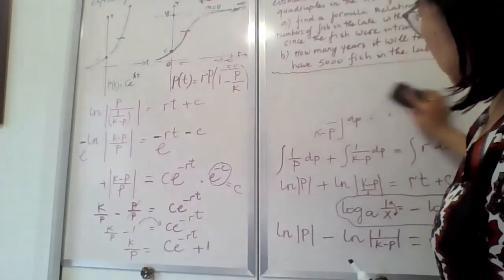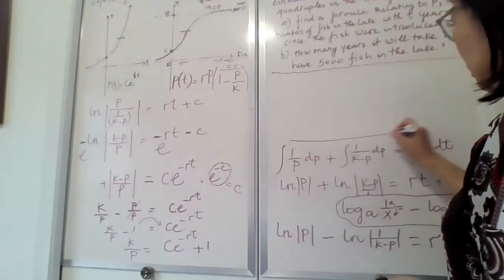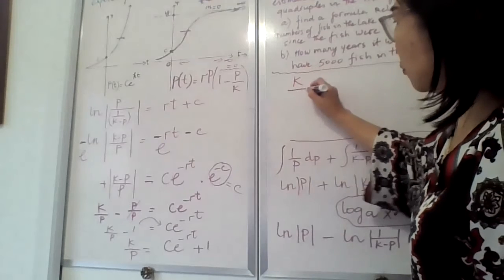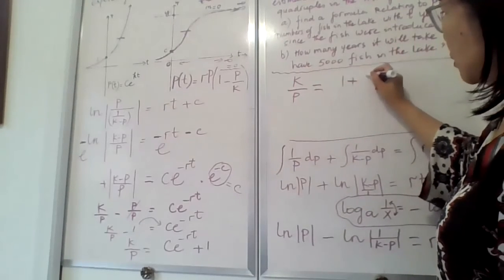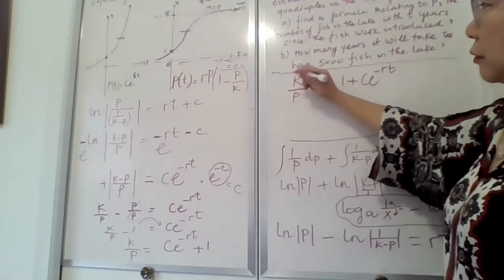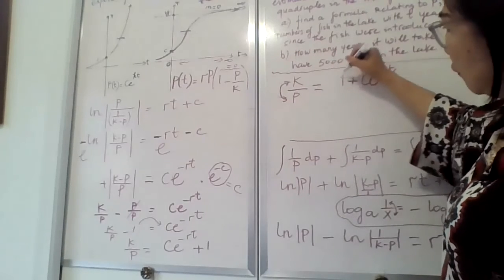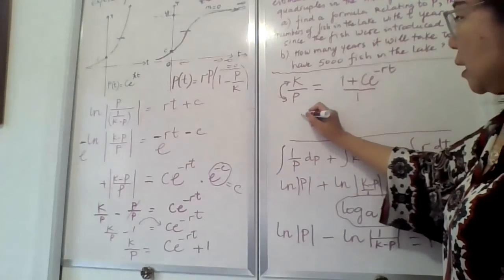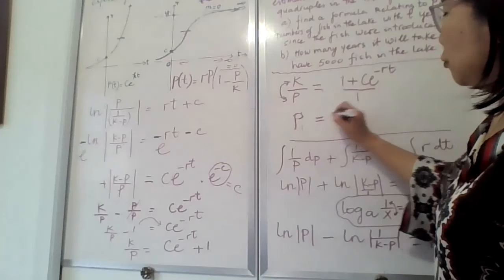I have to erase this. So at this point, I'm going to bring that up here for you to see, right? So we have k over p equal, I'm going to put 1 in front instead. Same thing. Now I'm going to reverse the fraction. When I invert the fraction, I invert both sides, right?